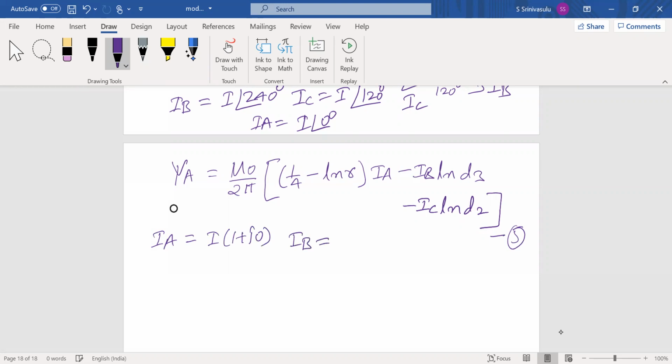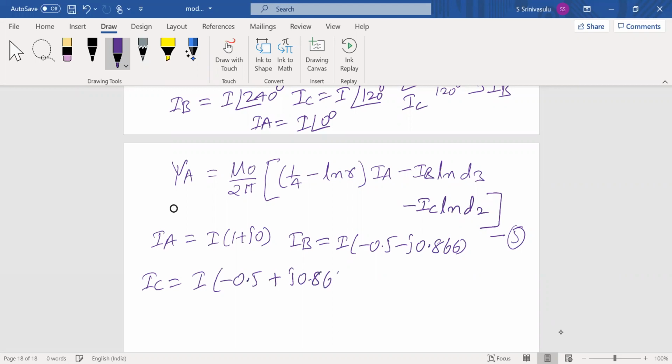IB equals I into minus 0.5 minus J 0.866, and IC equals I into minus 0.5 plus J 0.866.